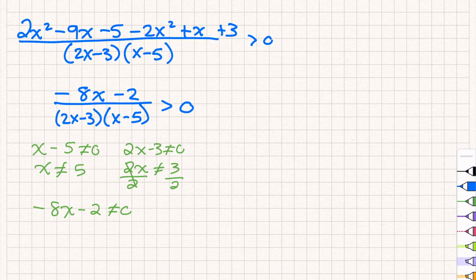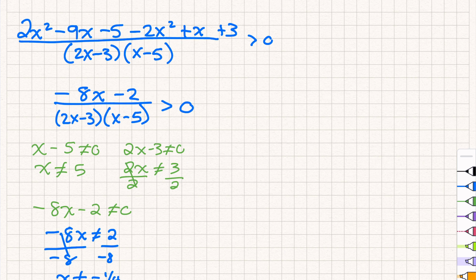Okay, it would be different if it was saying greater than or equal to 0, but in this case it says greater than. So we have negative 8x cannot equal 2. So x cannot equal negative 1 over 4.